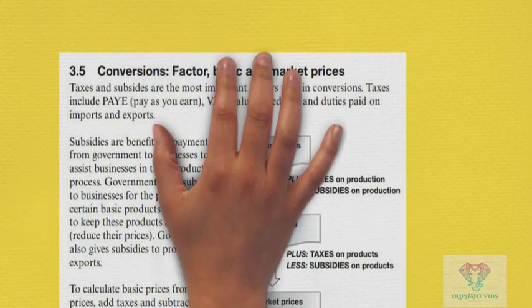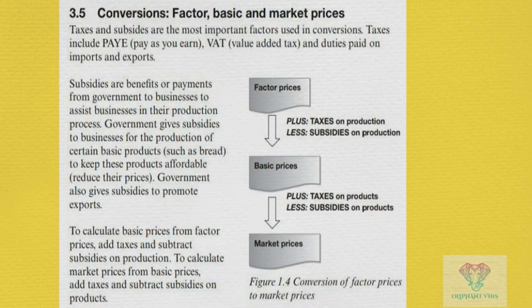Now let's have a look at the last one, which is your conversions. So we're converting our factor prices, our basic prices, as well as the market prices. Taxes and subsidies are going to be the most important factors used in the conversion process. Taxes are going to include pay as you earn, as well as VAT and duties paid on imports as well as exports.